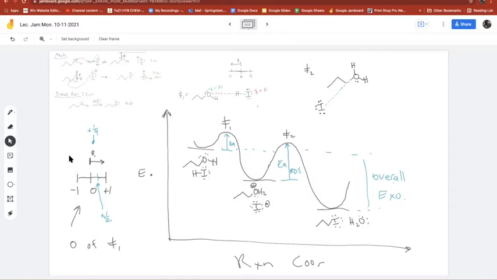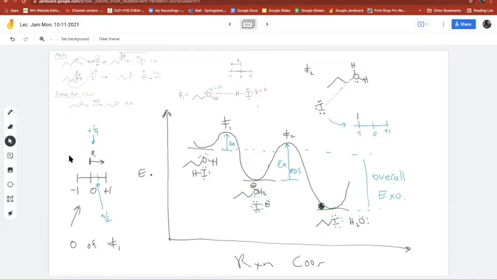Now about the charges. So the iodide here, let's go -1, 0, +1. Okay, what is it starting off at? What charge? It's starting at -1, and it's going from being -1 to 0 charge.